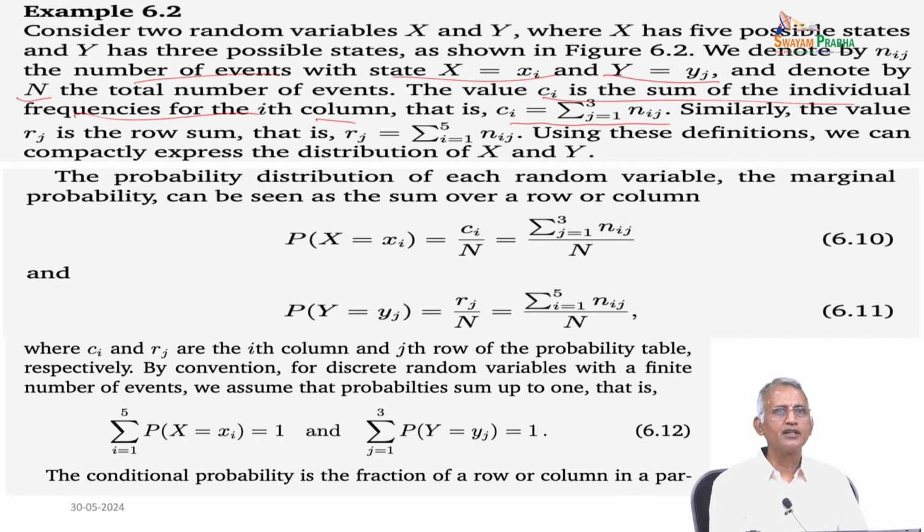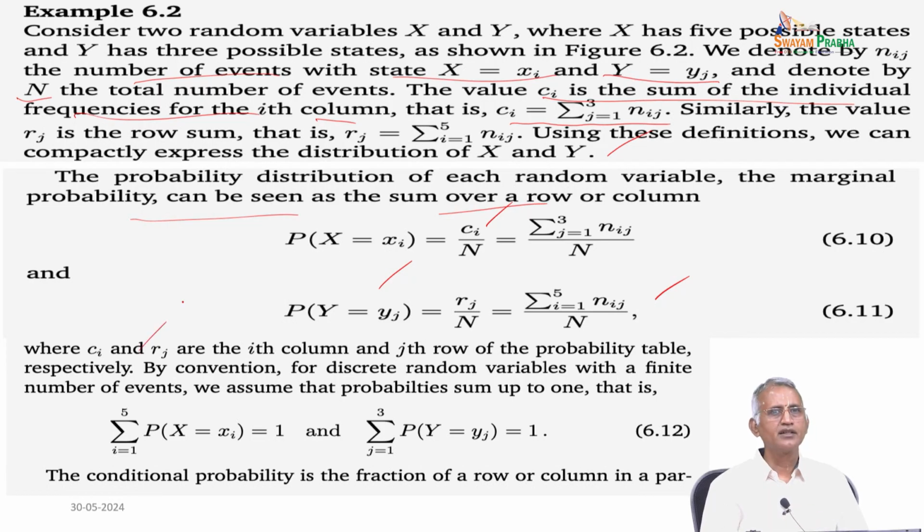Using this definition we have the distribution of x and y. Now we have a distribution of each random variable. So the marginal distribution can be written as probability of x equal to xi, which is equal to Ci by N, where Ci is summation j equal to 1 to 3 of Nij, by capital N, and probability of y equal to yj equal to Rj by N, equal to summation i equal to 1 to 5 of Nij by N. Here Ci and Rj are the ith column and jth row of the probability table respectively.